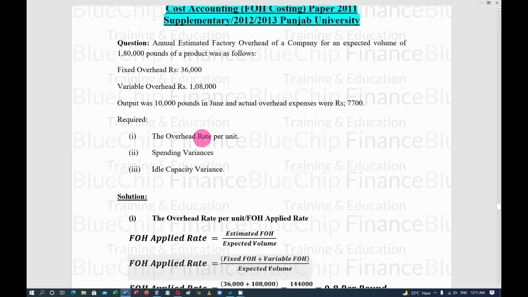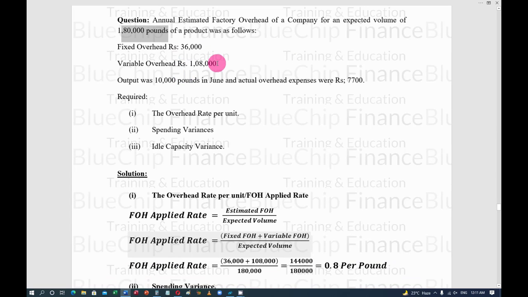So first of all, we are going to calculate the overhead or applied rate. Applied rate is always equal to fixed rate plus variable rate on budgeted capacity. So if budgeted FOH is given and budgeted capacity is given in the question, then we simply divide these two. But here you can observe that budgeted capacity is given, but budgeted FOH is not given.